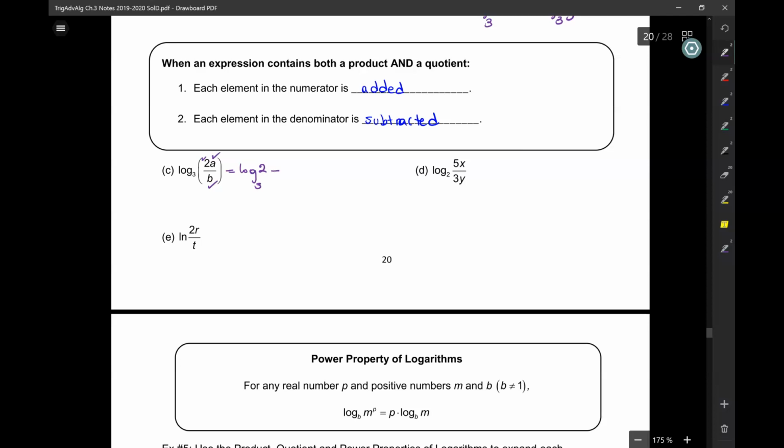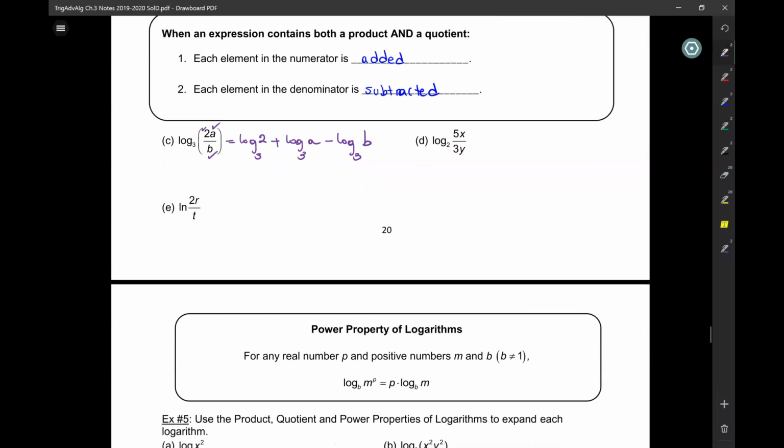Next one is the a. That's on top, it gets a plus. Log 3, a. Next, it's on the bottom, minus log 3, b. Cool? Yeah? All right.